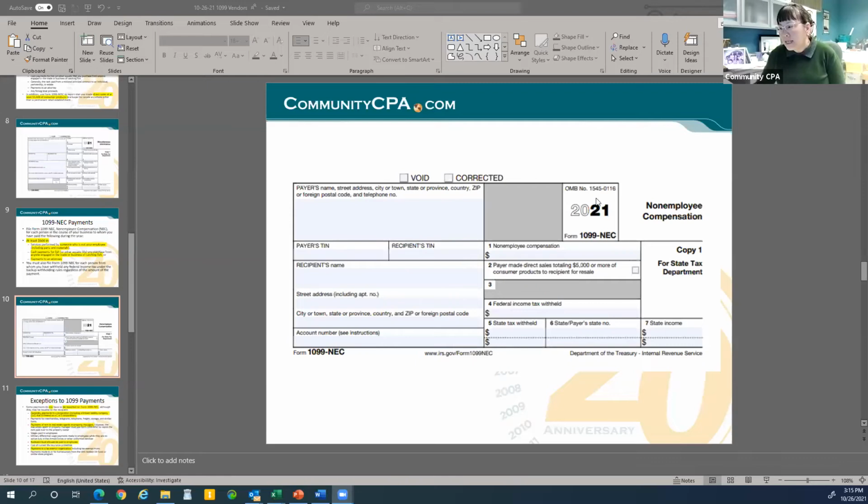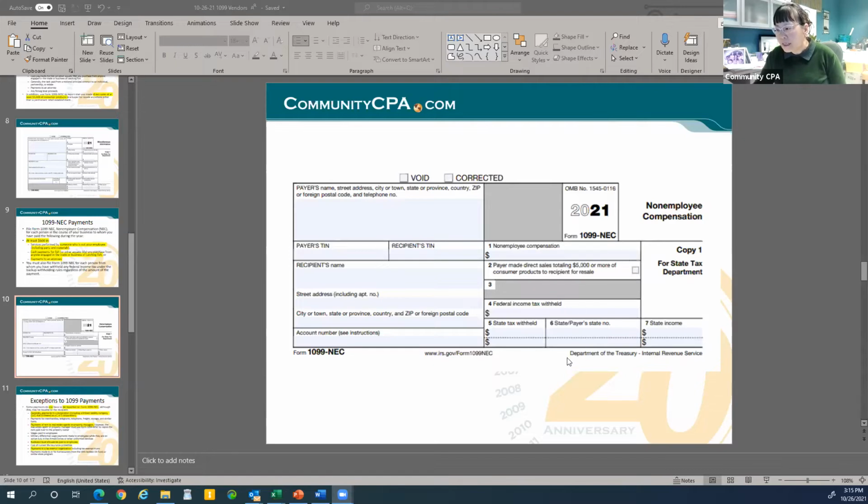Now, let's take a look at what the 1099 NEC looks like. I put that on the screen for you. See, that is the 1099 NEC. This is a new form, a couple of years new, and it has non-employee compensation. This is where you would put that in there, all right?